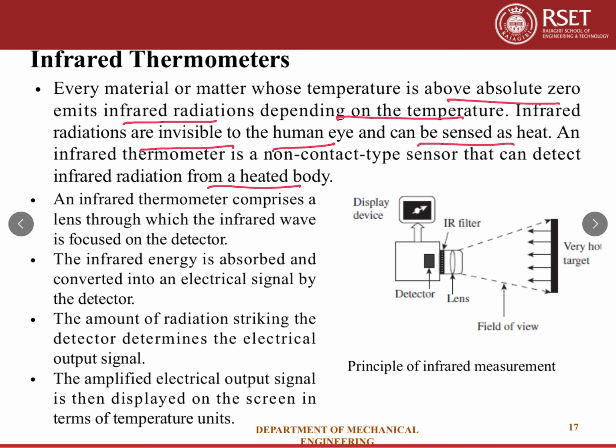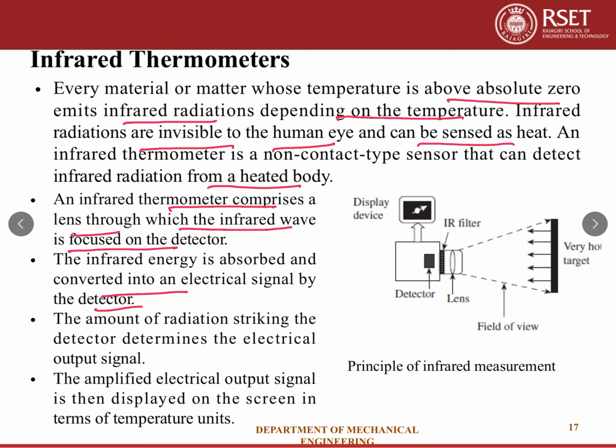This is a detector, non-contact type, which can detect infrared radiation from a heated body. An infrared thermometer comprises a lens through which infrared waves are focused on the detector. So we can see the detector. The infrared energy is absorbed and converted into an electrical signal by the detector.